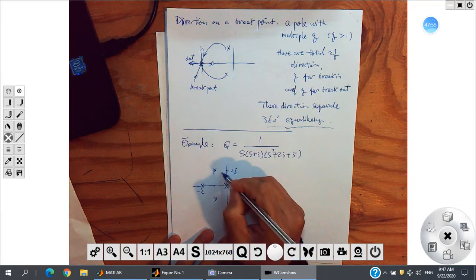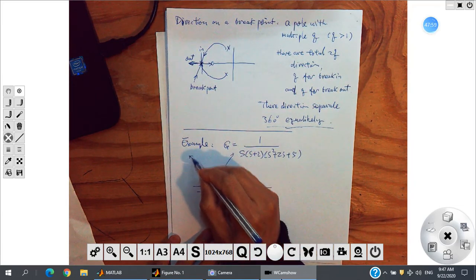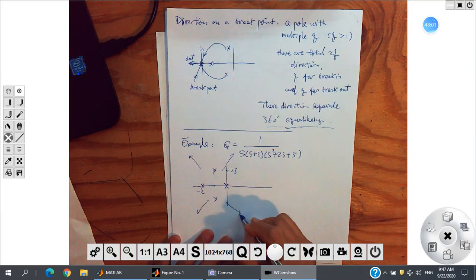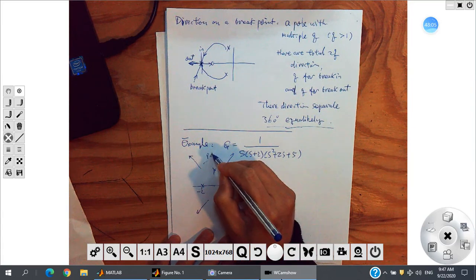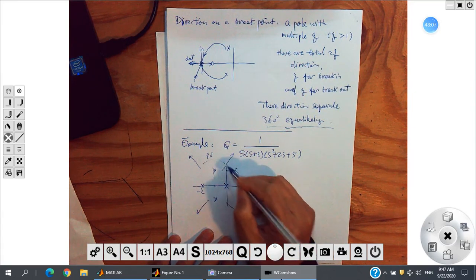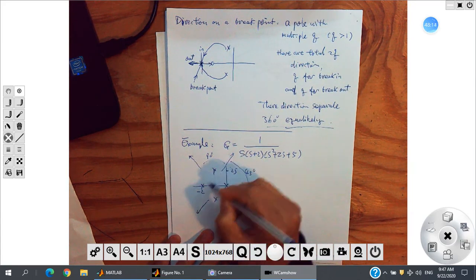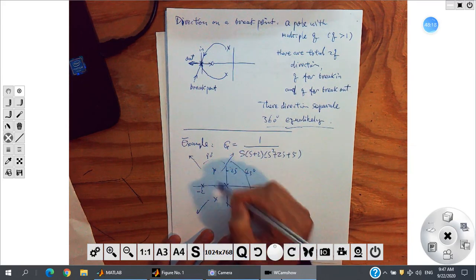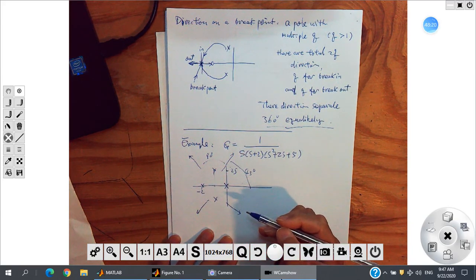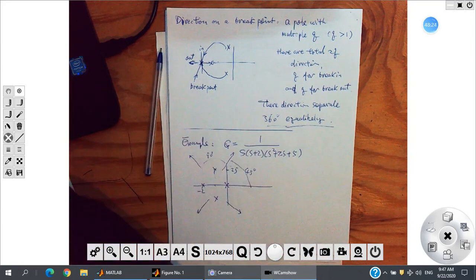So we have 4 directions going to infinity, right? 4 equal directions should be 90 degrees apart, starting with half of 90 degrees. So this direction should be 45 degrees, right? Then how do they go there? It should be symmetrical. Can you imagine?